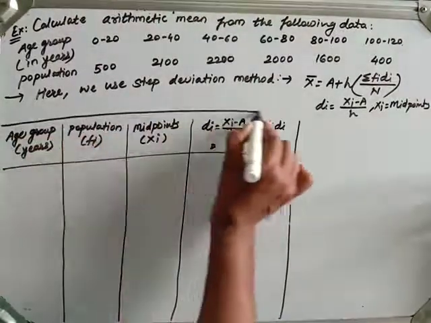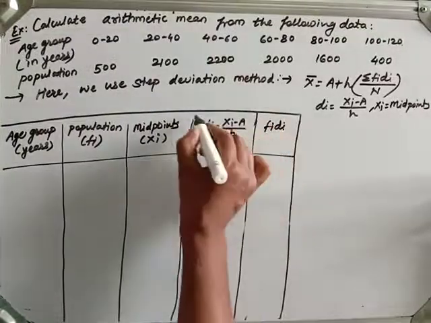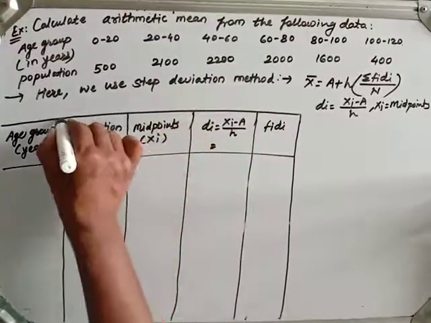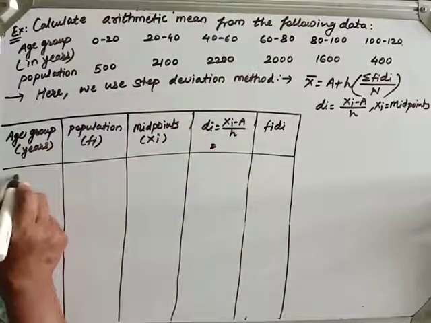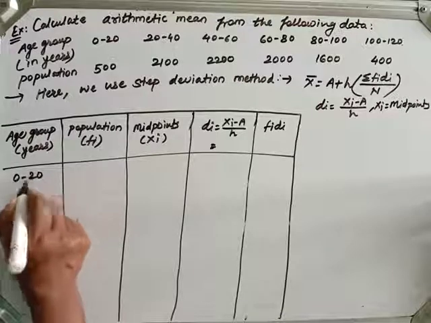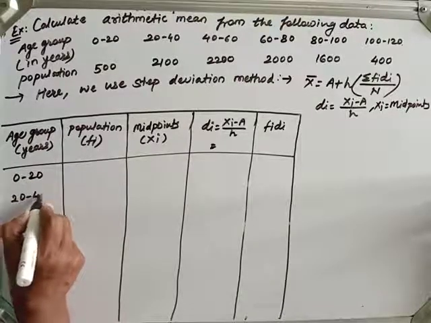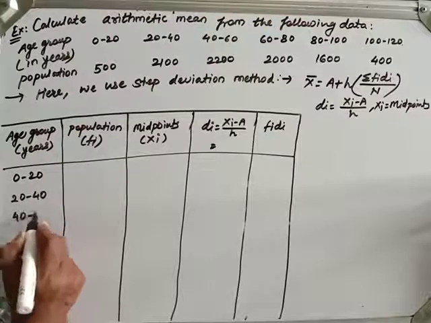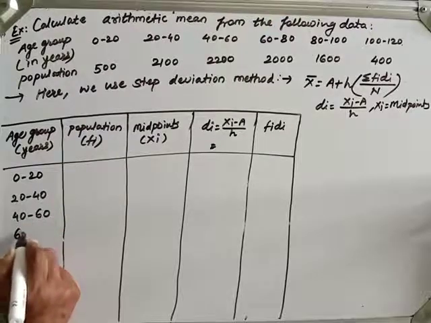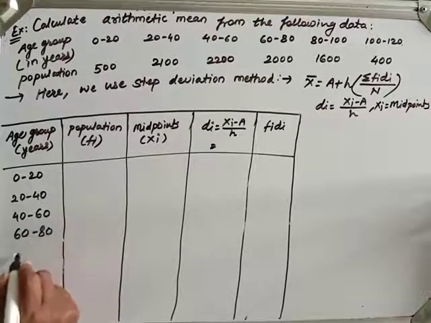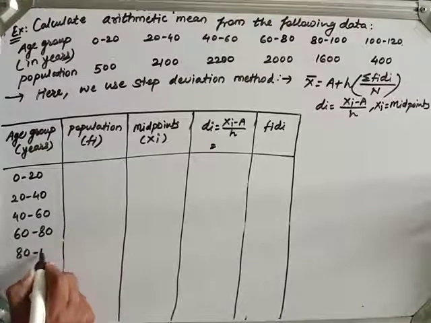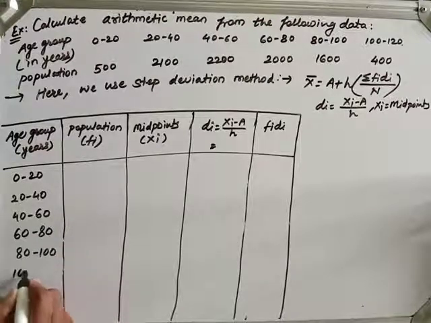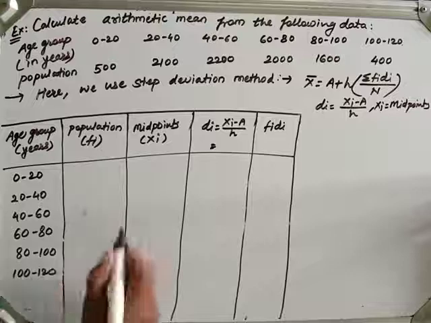Now let us write down the classes first and find out the x's. So 0 to 20, 20 to 40, 40 to 60, 60 to 80, 80 to 100, 100 to 120. This much is given here.